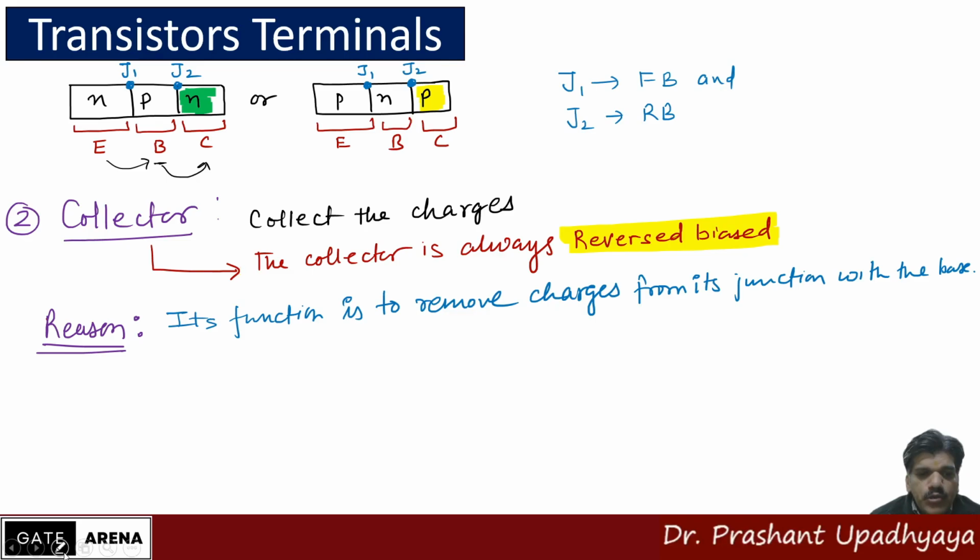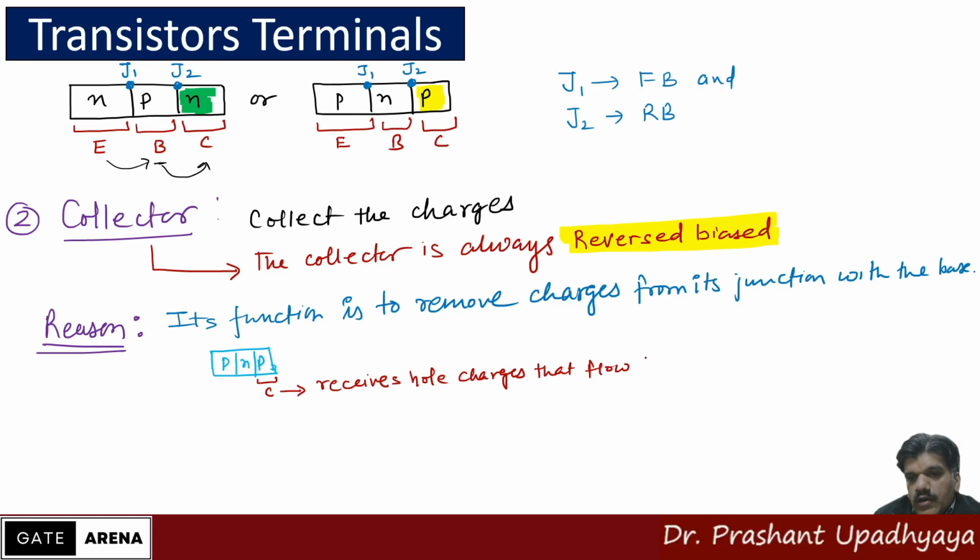If I'm talking with respect to the PNP transistor, this collector C has a reverse bias, and it will receive holes, the hole charges that flow in the output circuit.